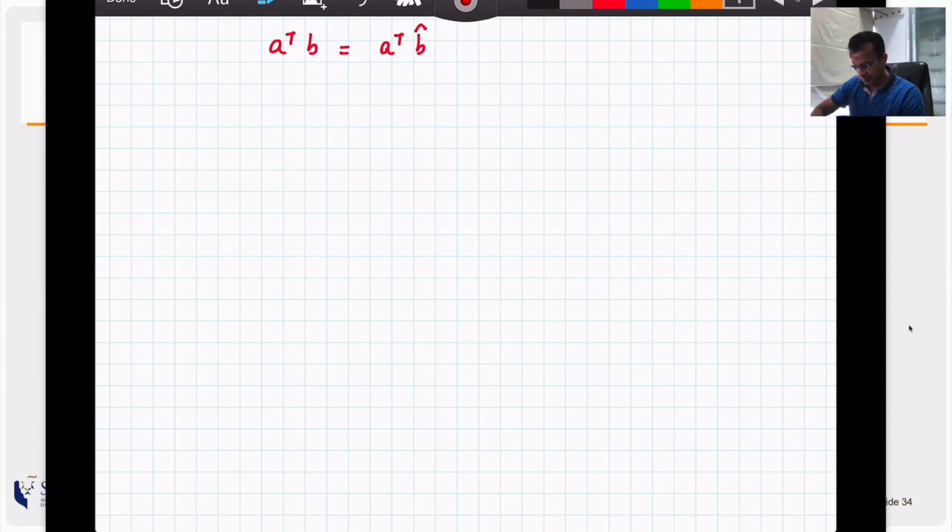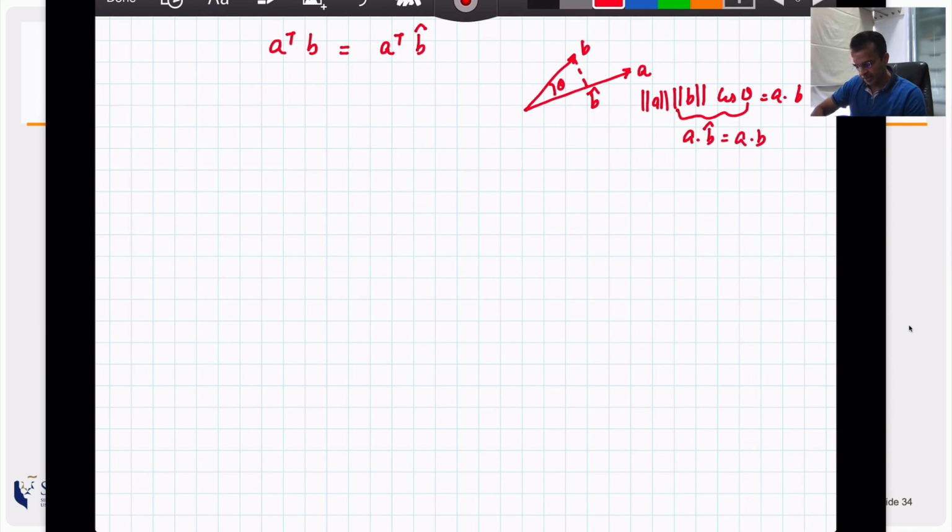If you take vectors A and B and I want to take the dot product, with angle theta here, it's the same as taking the projection B hat, which will be B cos theta, and then multiplying by A, that will give me A dot B. And if I just take B hat, that also is A dot B. So A dot B hat is the same as A dot B, just because of the triangle right there. So I can write this as A transpose P B, because B hat after all is the projection operator operating on B.